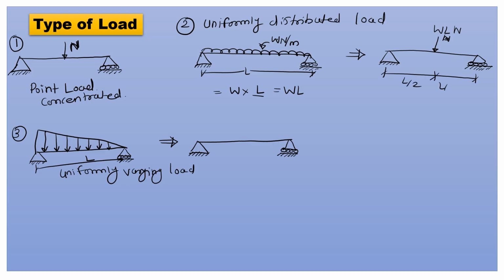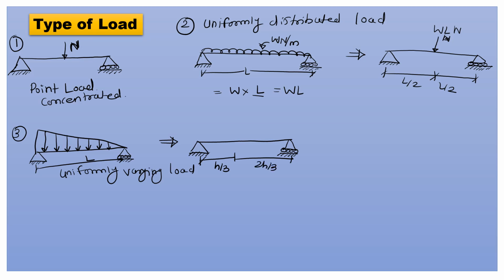In the case of uniformly varying load, the point load is always put at h by 3, or L by 3, from the base side, meaning h by 3 from one side and 2h by 3 from the other.